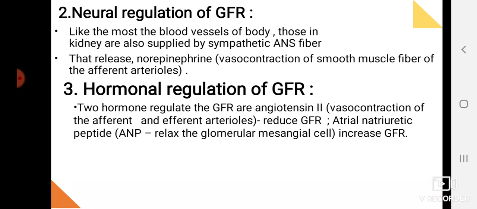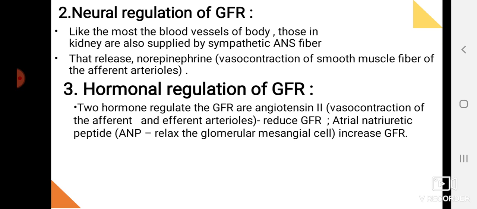They work as a vasoconstrictor. So if the flow is more, they contract the afferent arteriole and decrease the glomerular filtration. Same as the previous feedback, it also does the same work.